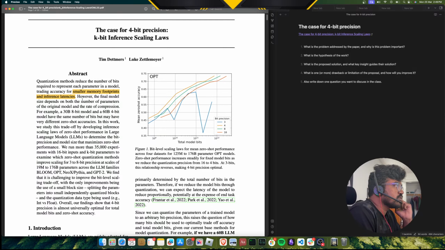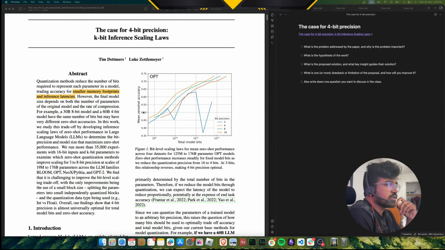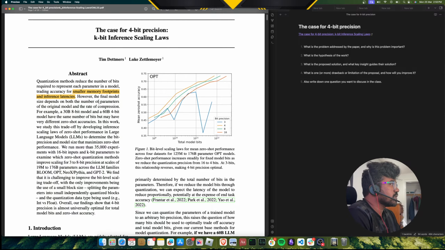We need this because nowadays models are becoming very huge, with billions of parameters. However, the final model size depends on both the number of parameters of the original model and the rate of compression.